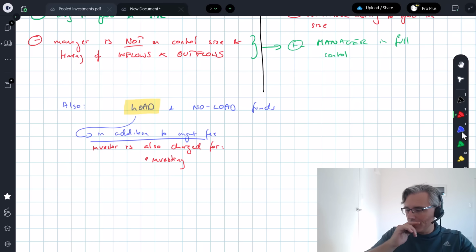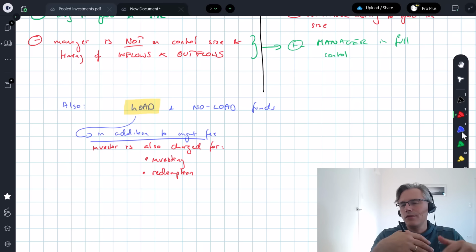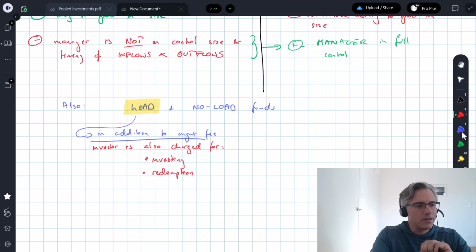So when they purchase units or shares of that fund, but also for redemptions often, when they want to withdraw the money, right? And this load is typically collected by the brokers who are intermediaries between the retail client and the fund, and part of that load goes towards compensating the brokers themselves.